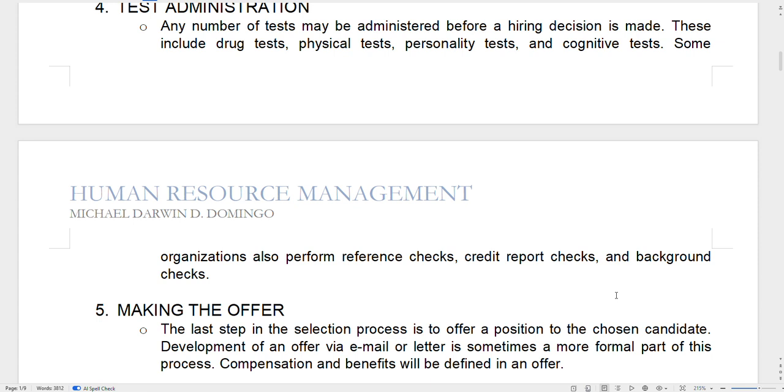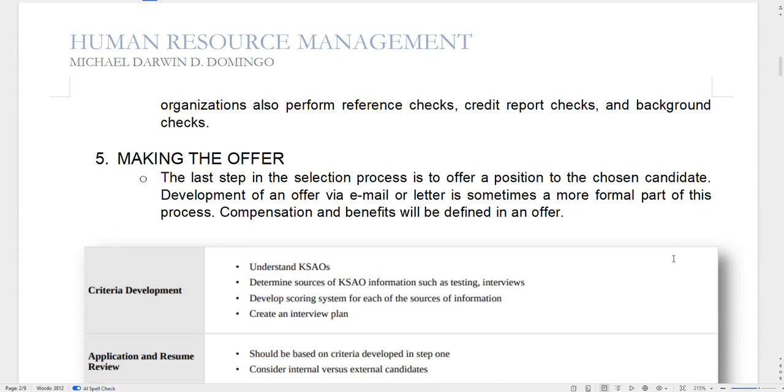Number 5 is syempre, kung pasado na siya sa interview, so the next one will be making the offer. So the last step in the selection process is to offer the position to the chosen candidates. Development of an offer via email or letter is sometimes a more formal part of this process. Compensations and benefits will be defined as well in the offer.